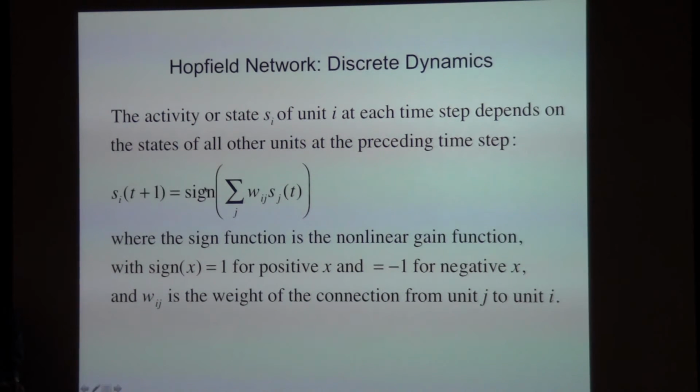Here it is simple, like a sign function, one of the sigmoidal extreme cases, just either on or off. If the total input is positive, at the next time t+1 the state is +1. If the total input is negative, it is -1. That's very simple. Then you update all the cells like this. The weights are just fixed.